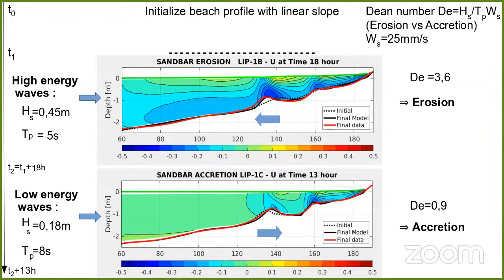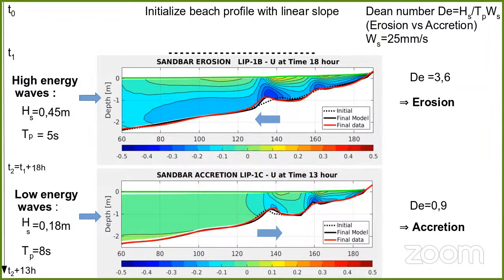The experiment shows us that we have a migration of the bar. You look, it's in dots there at initial time. There you have migration in the model. The model is black, and the red is the result from the flume, the observation data. So we see an offshore migration, which means that we have an erosion. I put also the number of DIN.